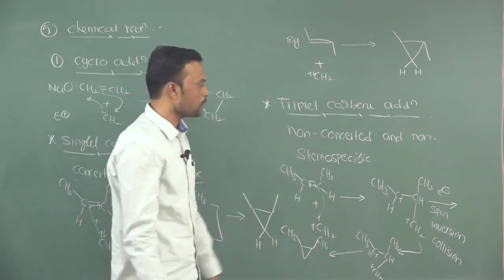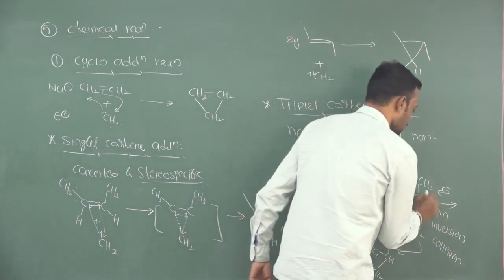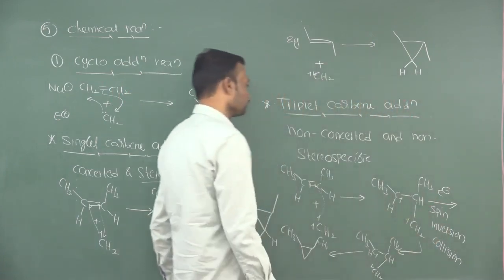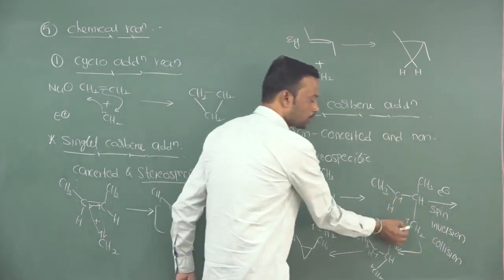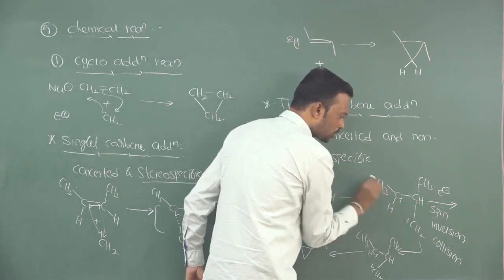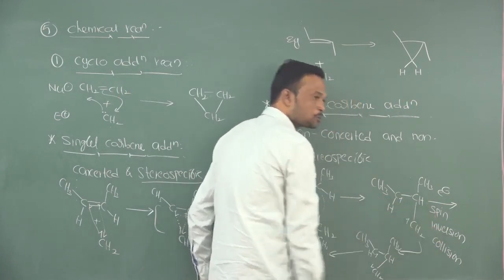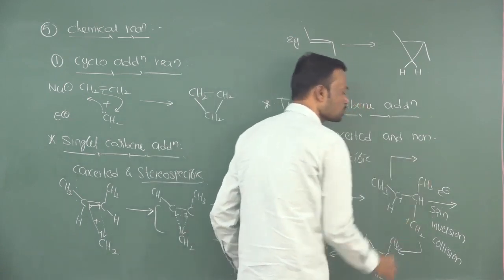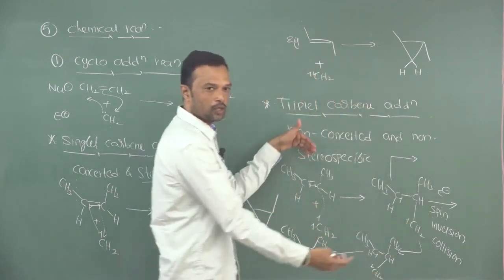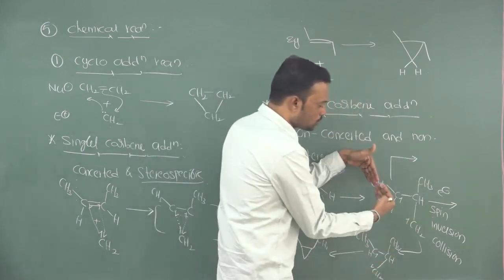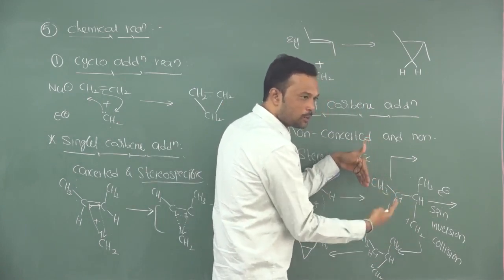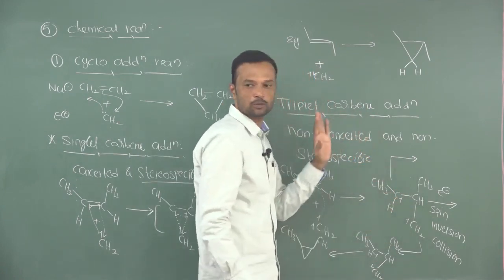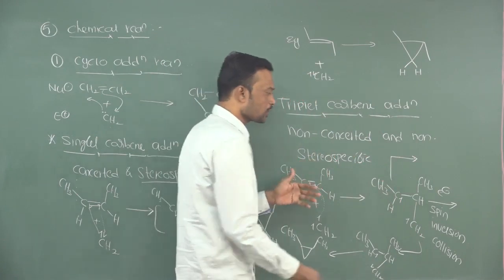Now the second possibility. These two electrons are coming close together. You may expect a spin inversion; that is the first possibility. The second possibility is that a CC rotation takes place. When two electrons come close together, either CC rotation takes place or spin inversion takes place. That depends upon the molecule. Suppose CC rotation takes place here.